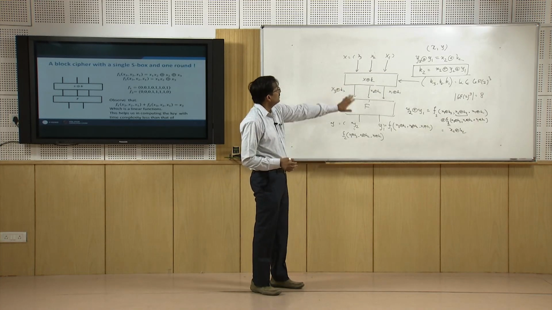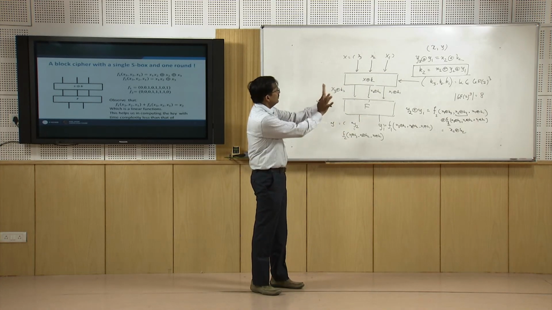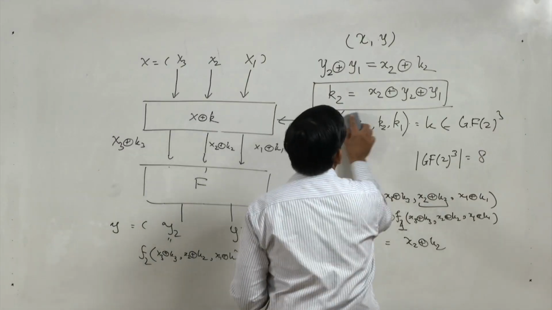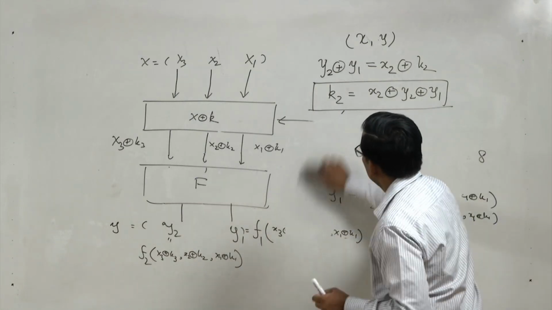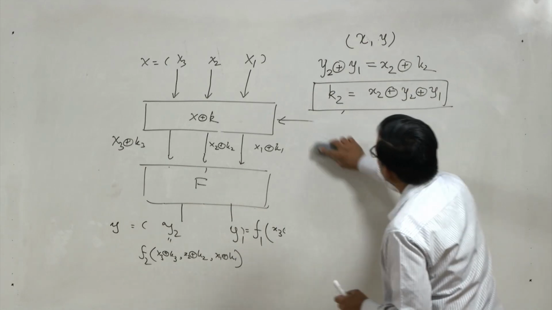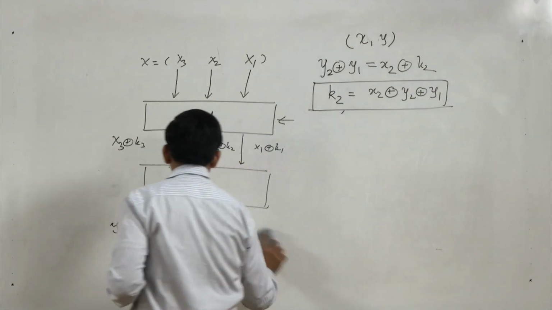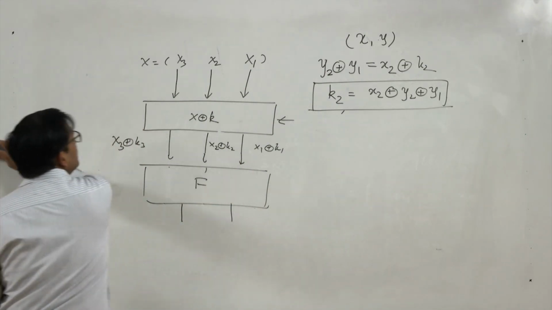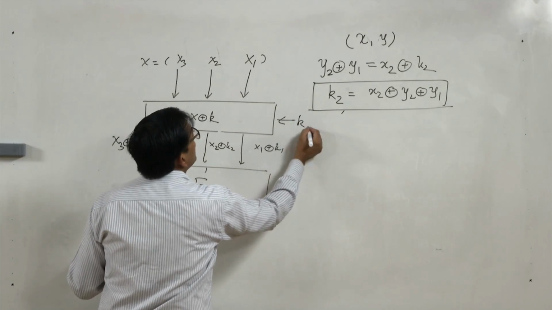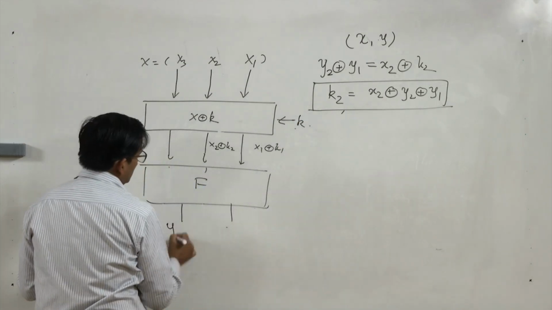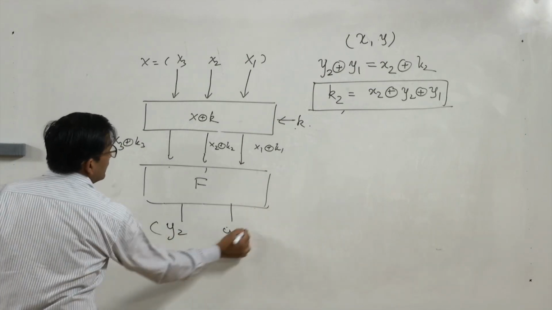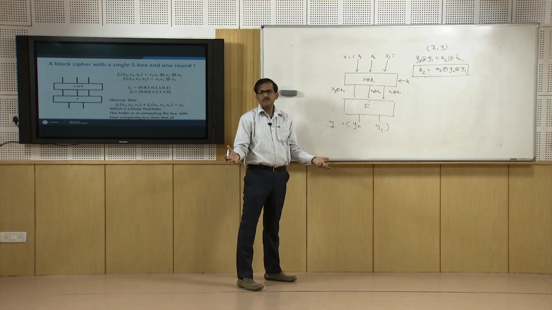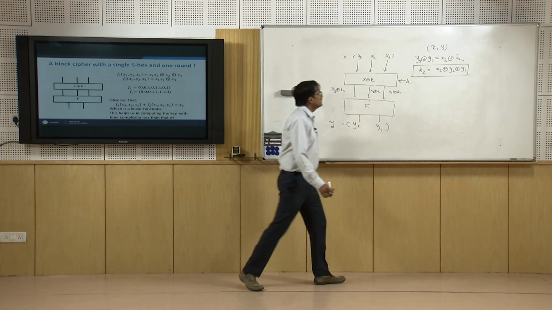Let me remove the calculations and just look at this particular expression. I remove this portion of the blackboard, I do not want all these things, just the rudiments. Here K is coming in, and here this is Y2 and Y1, this is the input, this is the output, and I have got access to a pair of input-output variables.